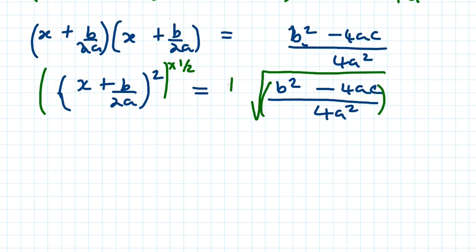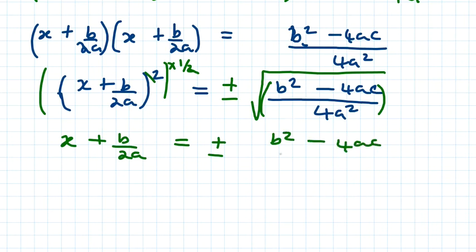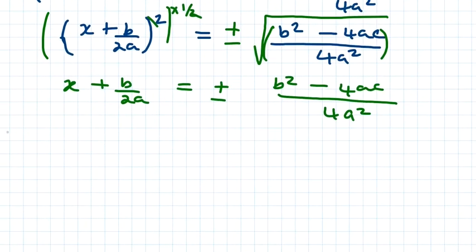Okay, so we have plus or minus here, and now x has been set free, and x plus b over 2a is equal to plus or minus b squared minus 4ac over 4a squared. Oh sorry, I forgot to put the square root sign.